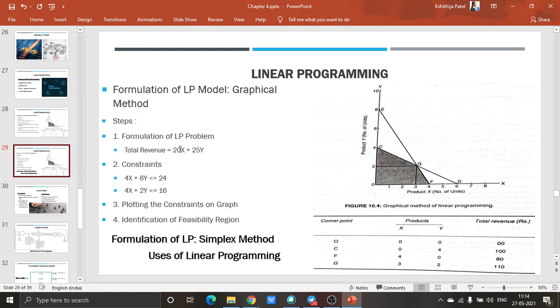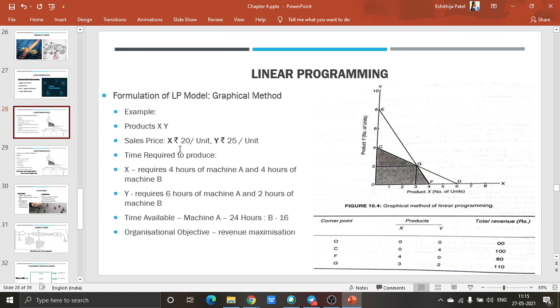But in the way of the organization reaching its objective, there are some constraints or limitations, and this has also been specifically mentioned in the question.